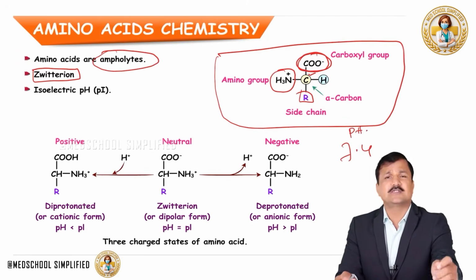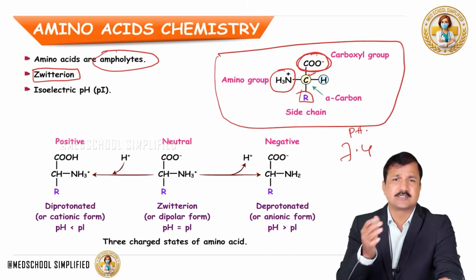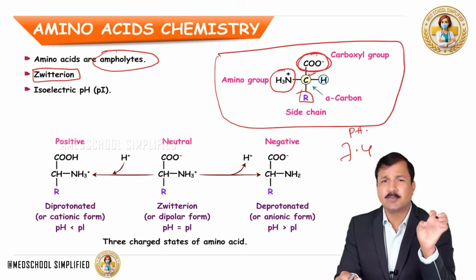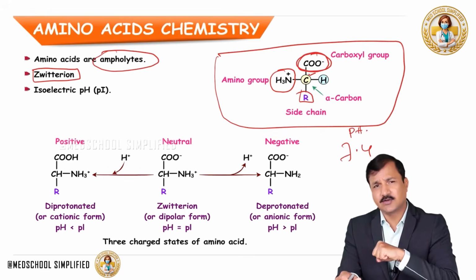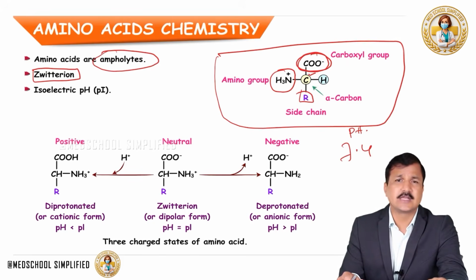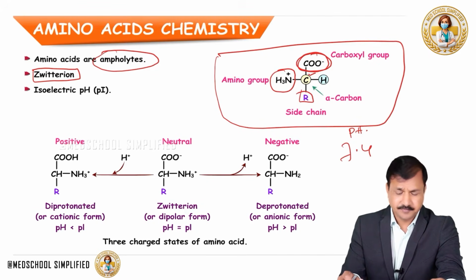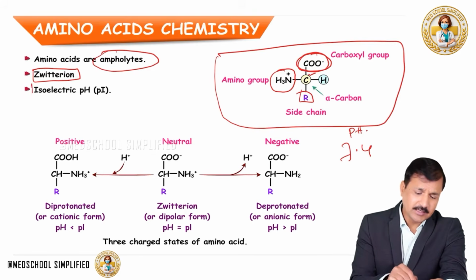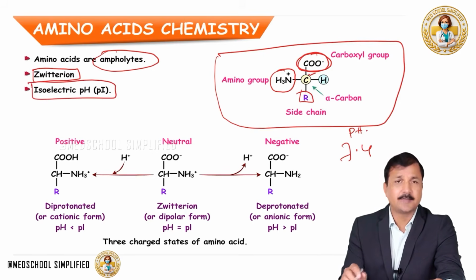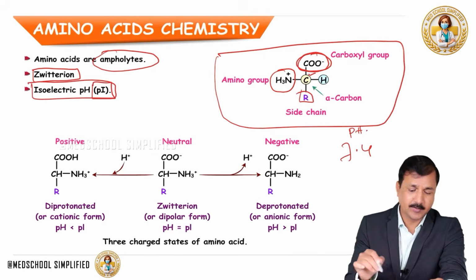Very few amino acids, which we are going to see, the acidic amino acids and basic amino acids, are in that other category. They will have either net positive or net negative charge. Other than that, most of our amino acids at physiological pH exist in Zwitterion form.